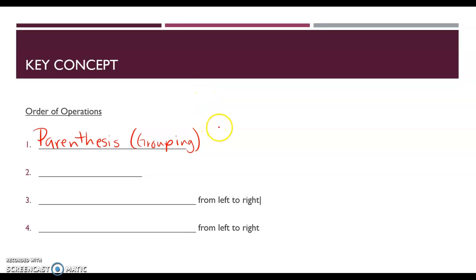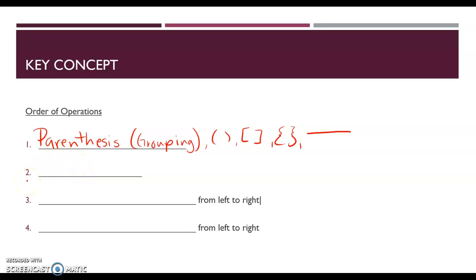And so that could be things like parentheses, brackets, the little fancy curly brackets. It actually can mean the fraction bar. If I have operations going on in the numerator and or the denominator, I have to complete the operations in the numerator and denominator before I can go into doing the division.